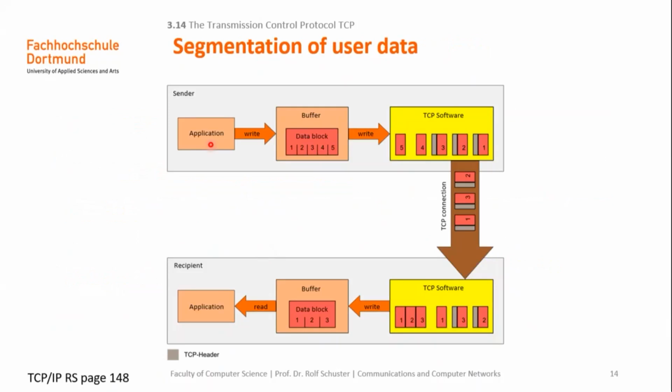Here we illustrate the segmentation of user data. The application sends bytes so that those bytes arrive in the same order and without errors to the process of the application in the other end system. In order to perform this, there is a buffer.